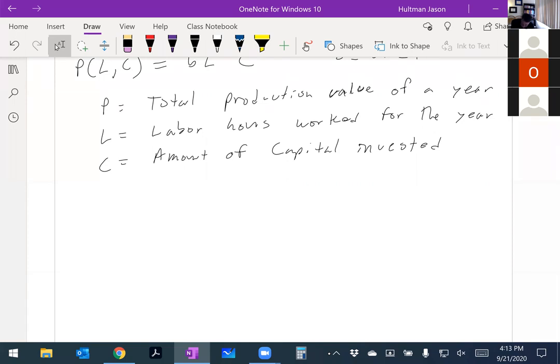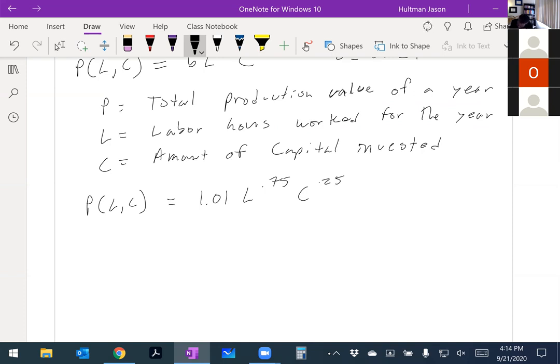So let's look at P of L and C. This is a multivariable equation. It is equal to 1.01 L to the 0.75 C to the 0.25.